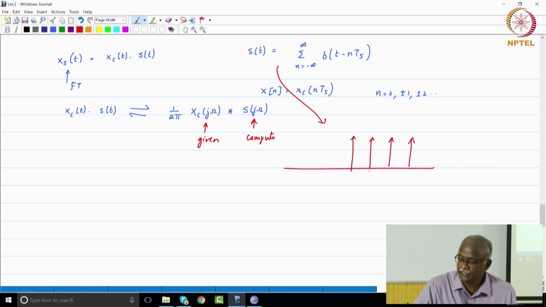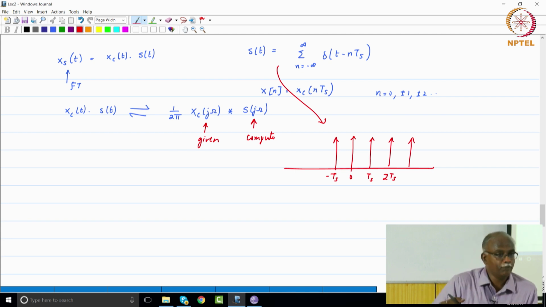It is a train of Dirac deltas which are spaced at Ts, 2Ts, minus Ts and so forth. And because of its periodic property, it lends itself to a Fourier series representation.